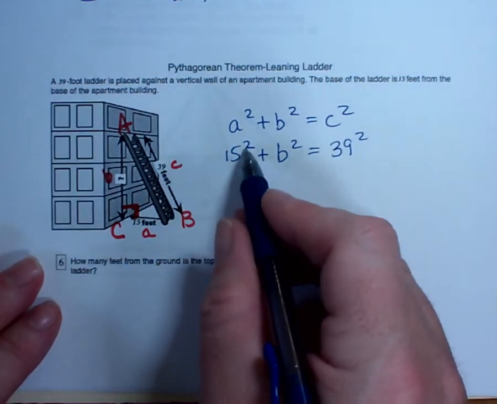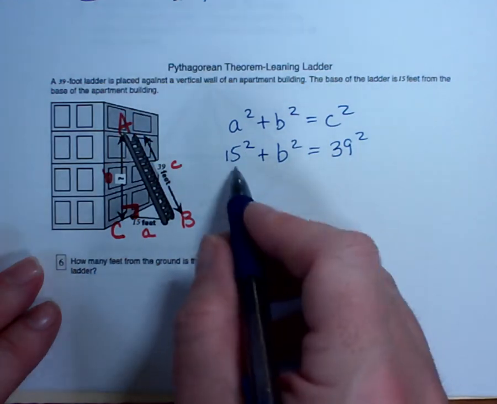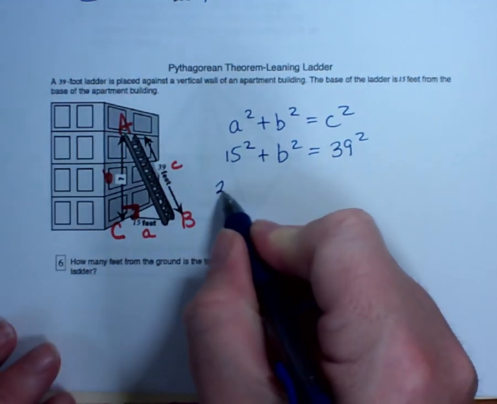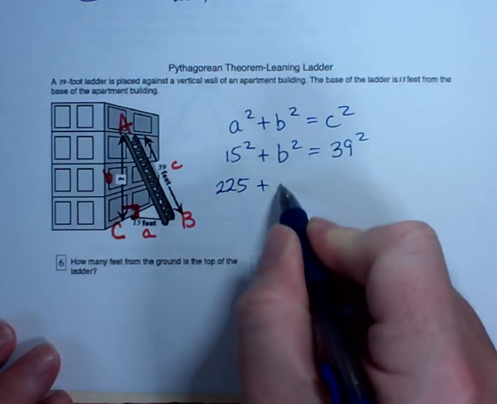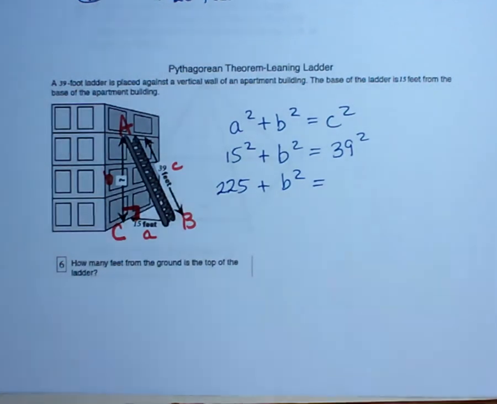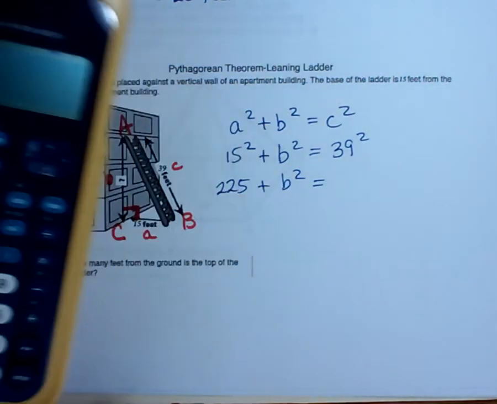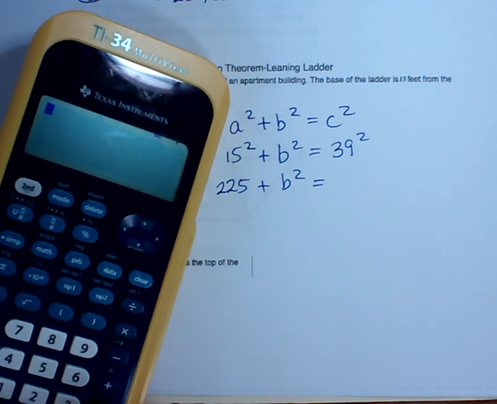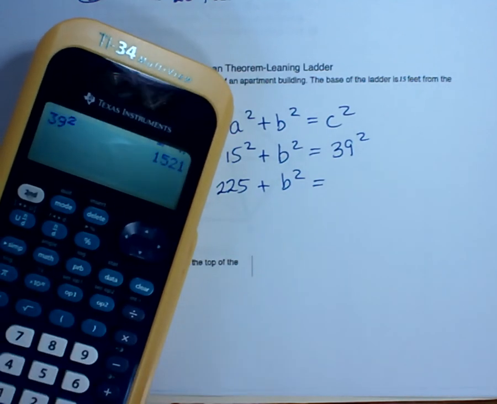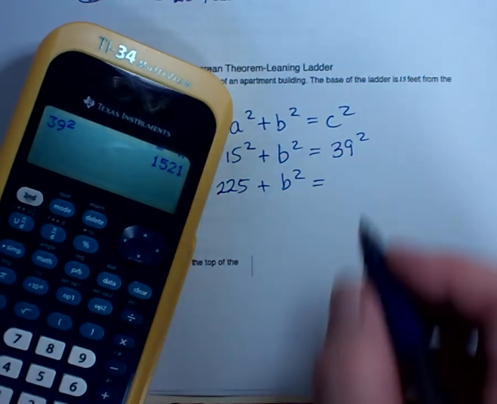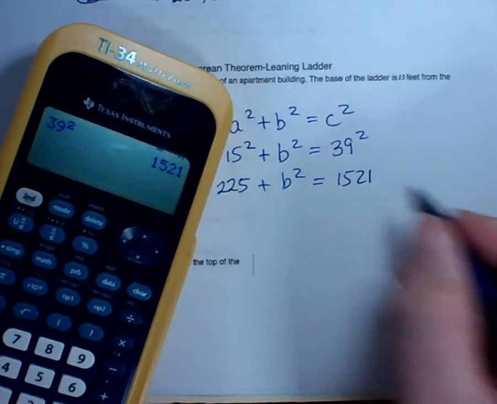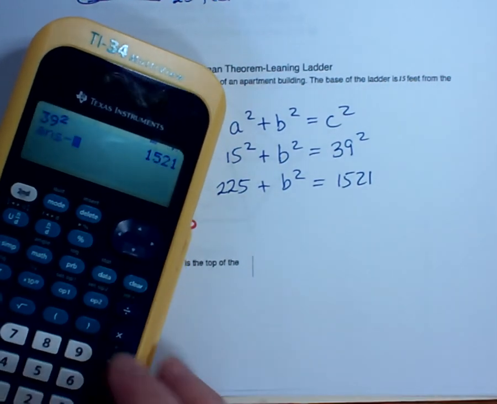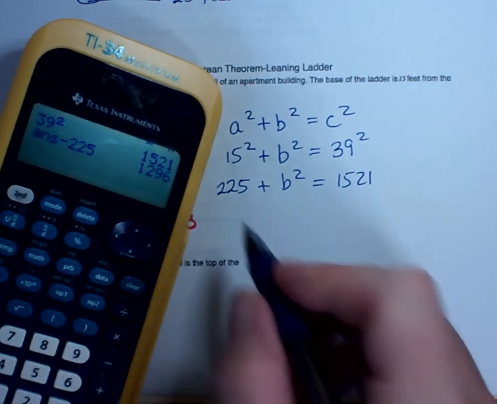Okay, here we go with 15 squared, 225. But 39 squared, that's a big number. Let's clear the calculator and try 39 squared. Wow, 1,521. I'm going to subtract the 225 from both sides.